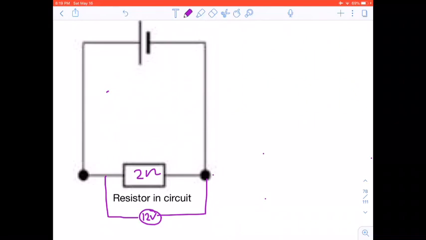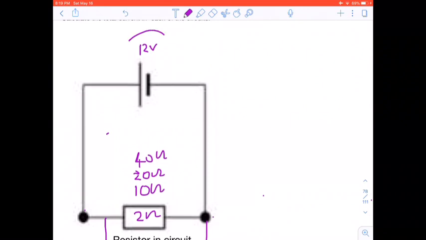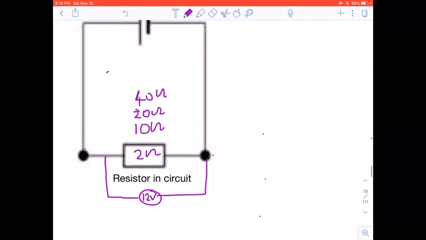If I had another resistor here, let's say instead of 2 ohms it was 10 ohms, or 20 ohms, or 40 ohms, the voltage across the resistor would still be 12 volts, because that's the voltage of that particular battery.